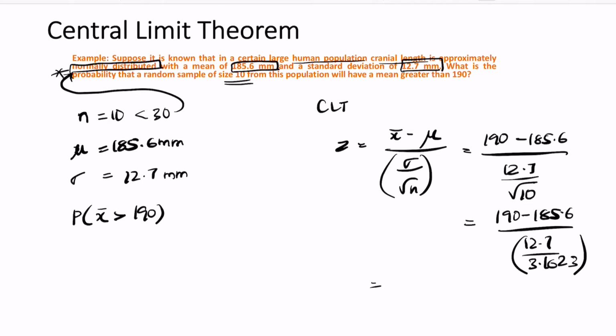So when you calculate the value, 190 minus 185.6 is 4.4. So that value gives you 1.0956. Now round it off to 2 decimals. So 6 means that this becomes 6, so 9 becomes 1. So 1.10. So when you round it off, you get 1.10.